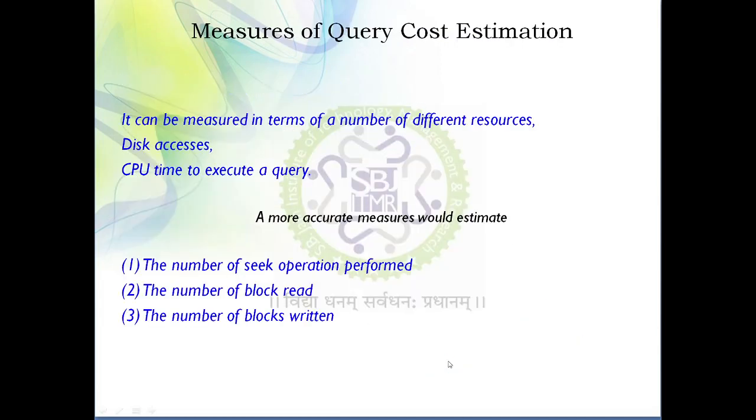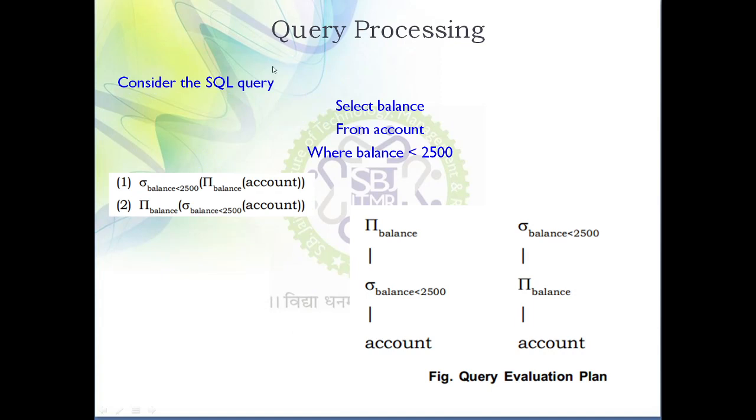Here, suppose I have written this SQL query: select balance from account where balance is less than 2500. This is a SQL query which I have written in a high level language. Now it is parsed, there is no syntax error, and then it is translated into a relational algebra expression. Two relational algebra expressions can be generated for this.